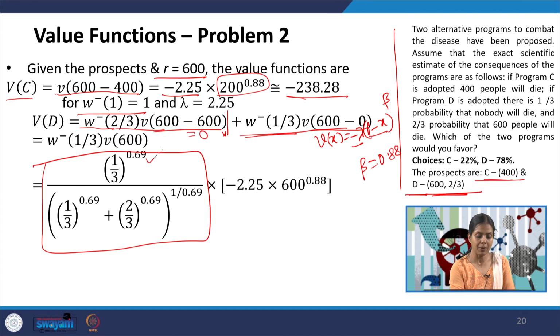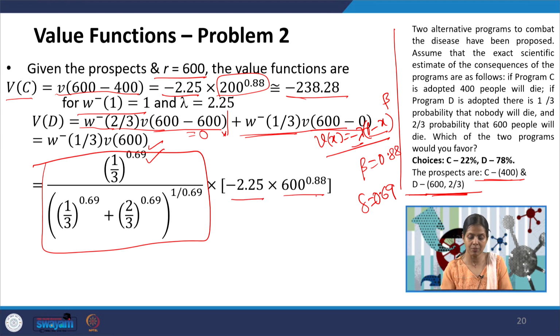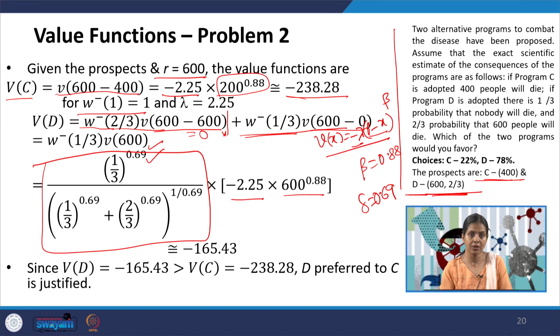Here we are using the power 0.69, because delta is estimated to be 0.69, multiplied by now 600. Following this functional form is minus 2.25 multiplied by 600 raised to the power 0.88, and the value that we get is minus 160.43. Now, you see that the value of D, minus 160.43, is greater than the value of C, minus 238.28. That is why D is preferred to C, and again cumulative prospect theory can explain the preferences that are expressed for these two different statements by individuals.